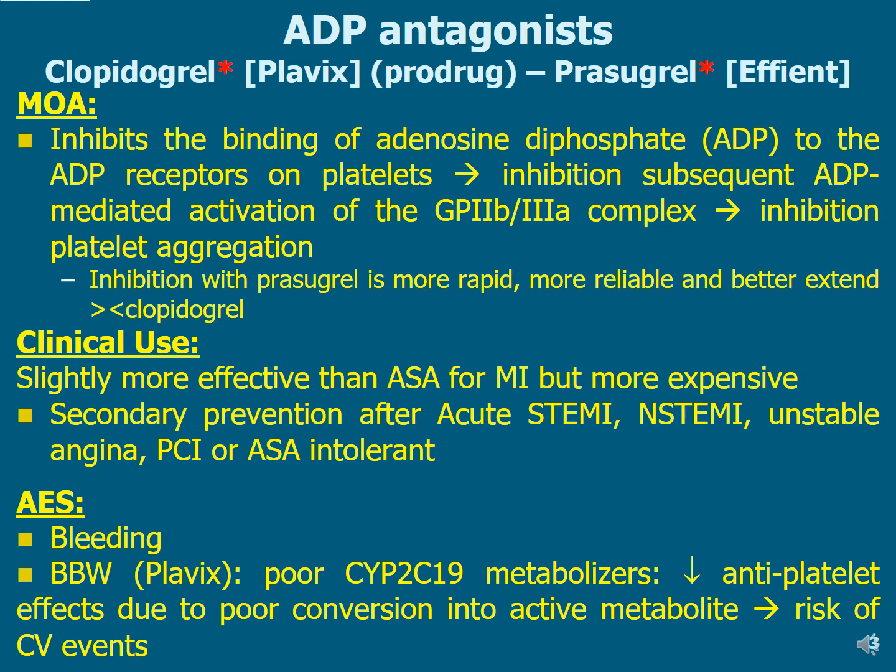This will be covered in the lecture with Dr. Strelo when we talk about hypercholesterolemia and treatment of STEMI and non-STEMI. And also, they are prescribed to patients who are intolerant to aspirin, who have GI problems with aspirin.